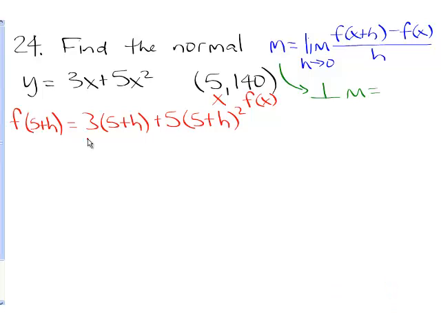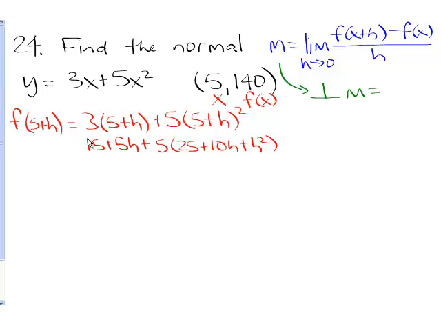Simplify this guy out. That's going to be 15 plus 5h plus 5 times... And remember, you're squaring a binomial, and a binomial squared is a trinomial. If you can just remember to square the first term, so 5 squared is 25.